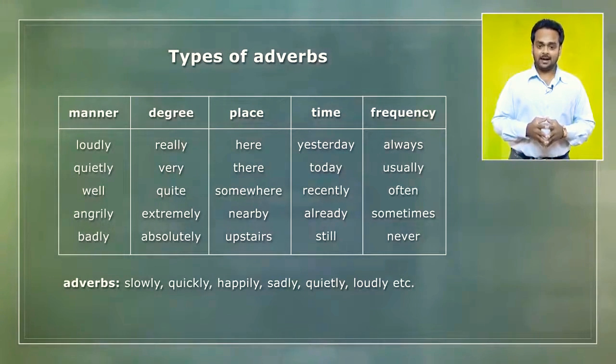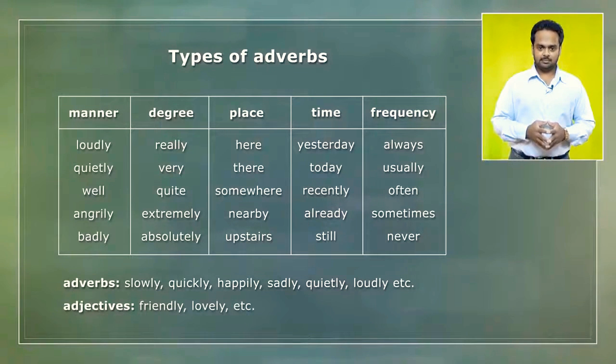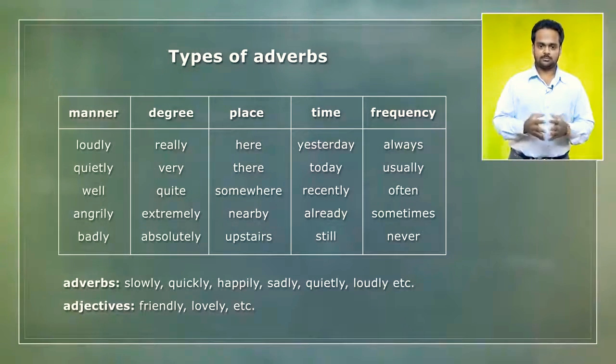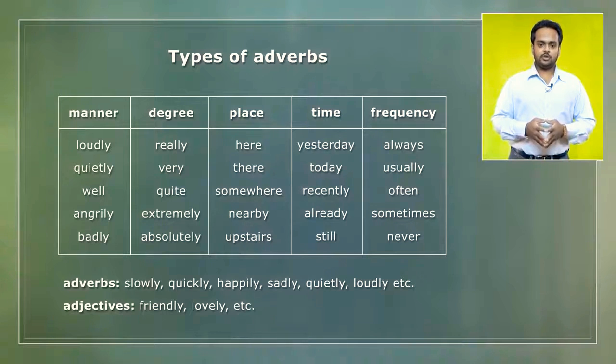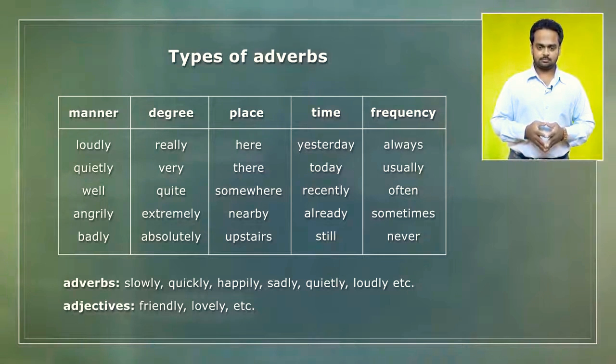Also, there are many adjectives that have this ending. Words like friendly, like she's a friendly person, or lovely, what a lovely bouquet. That's a bunch of flowers. These are adjectives and not adverbs. So remember, many adverbs don't end with ly, and some words that end with ly can be adjectives.